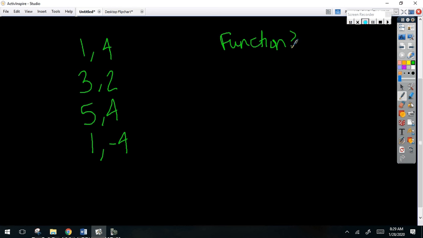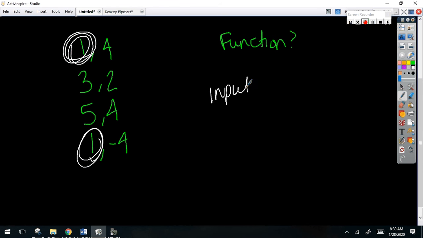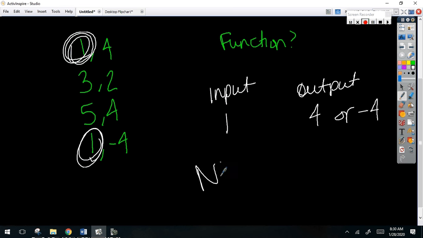Why? What is the output for 1? It's 4 and negative 4. Good job, George. It has 2 outputs, right? If my input is 1, my output is 4 or negative 4. That means it is not a function.